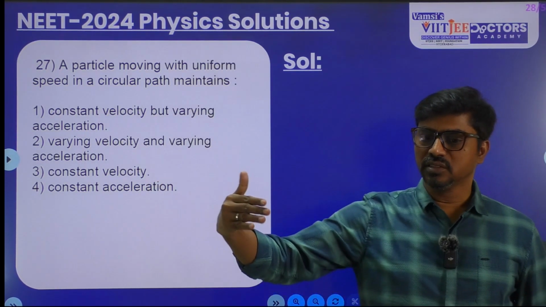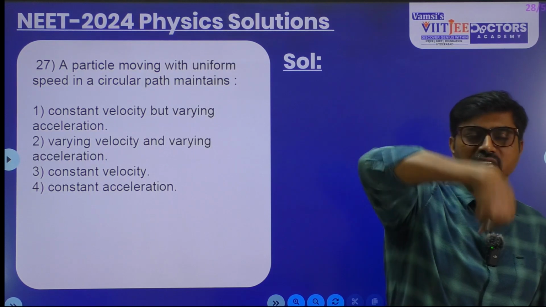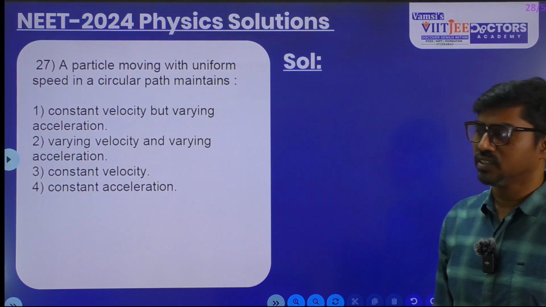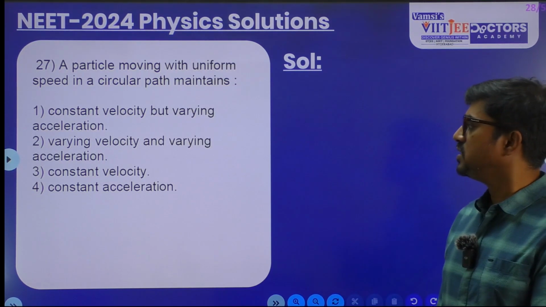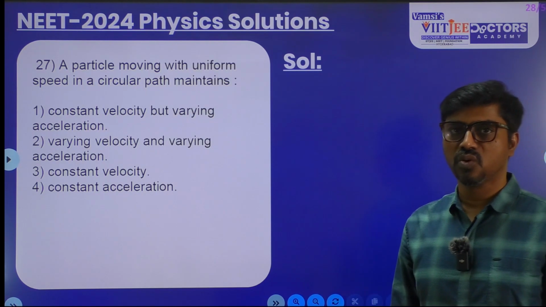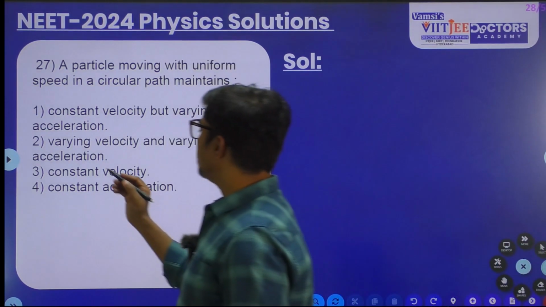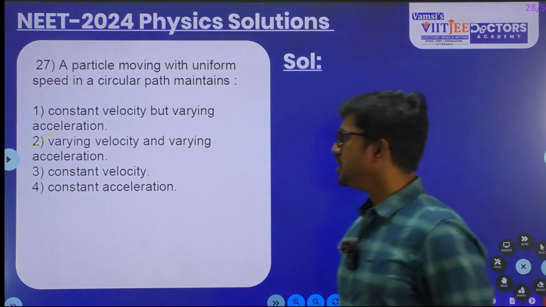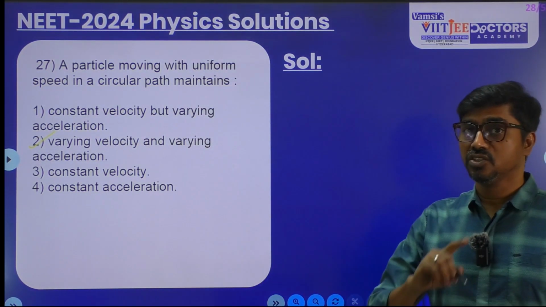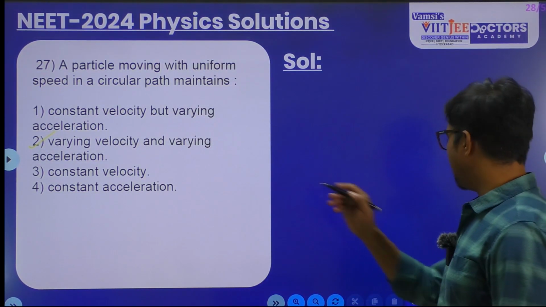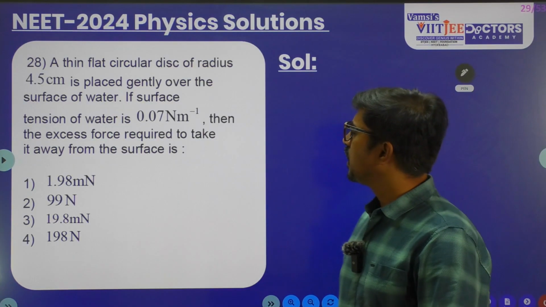As the particle goes in a circular path, the direction continuously changes, so even acceleration is changing direction. Both velocity and acceleration are changing, not in magnitude but in direction.